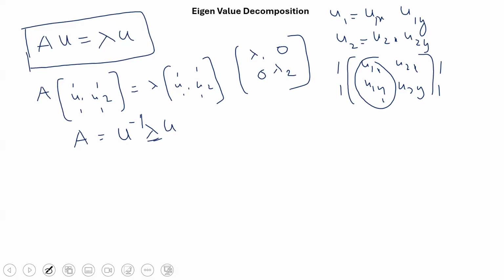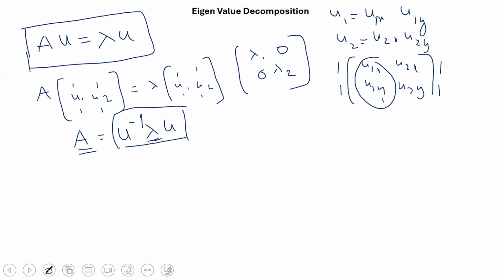If I represent the lambda in matrix form. So if I multiply with u inverse on both sides, A becomes u inverse lambda into u.